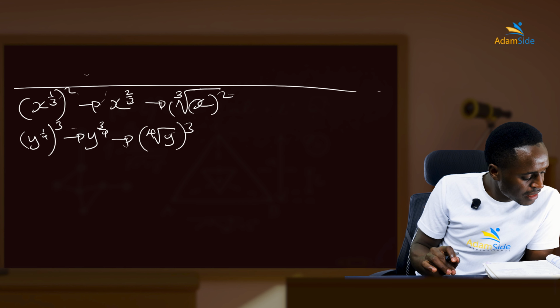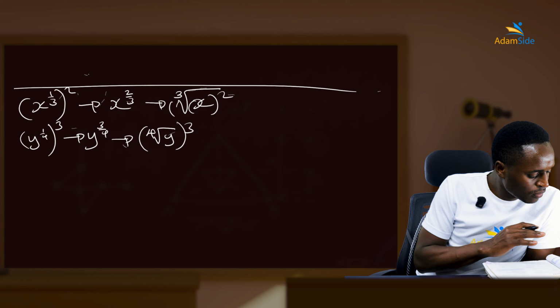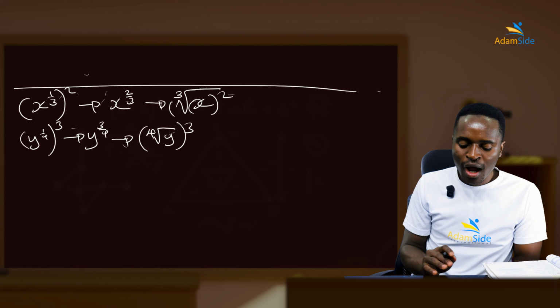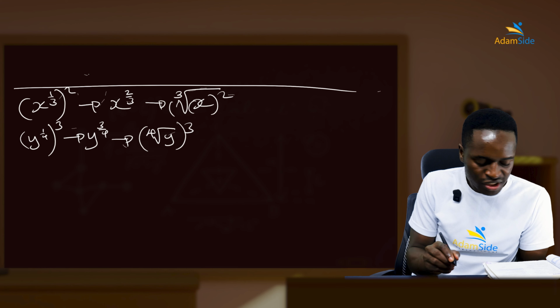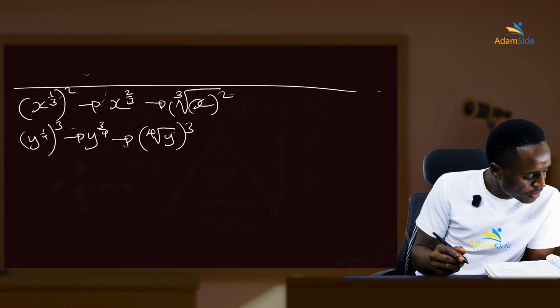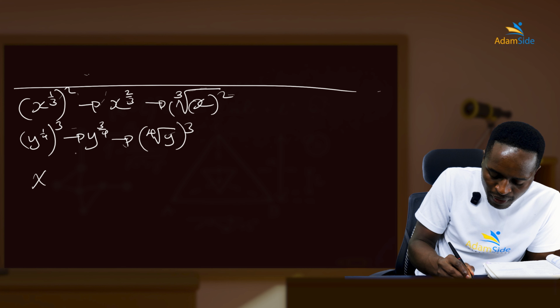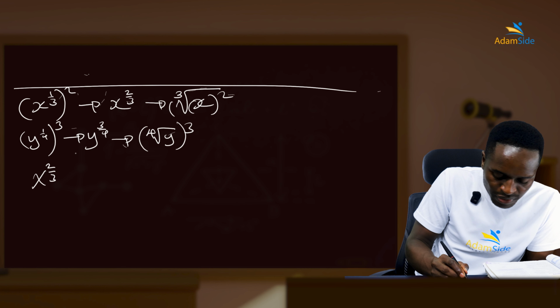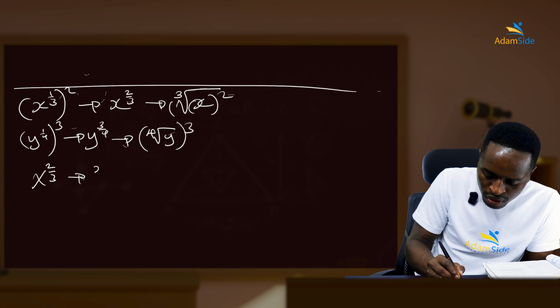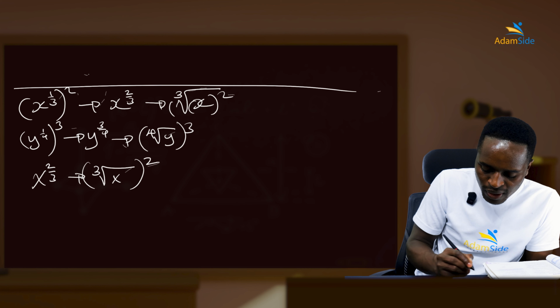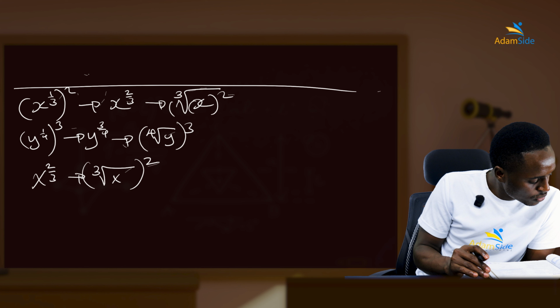If you understand that philosophy, you will automatically know how to solve the majority of the questions in this angle. And let's say, for example, if you have x power 2/3, this can be written as the cube root of x, then everything squared. I hope you have understood in that angle.